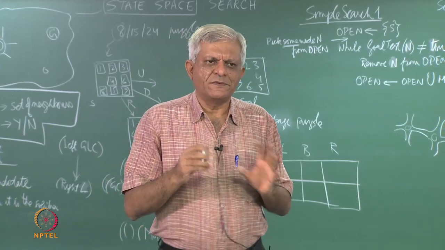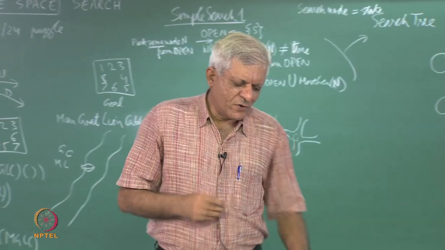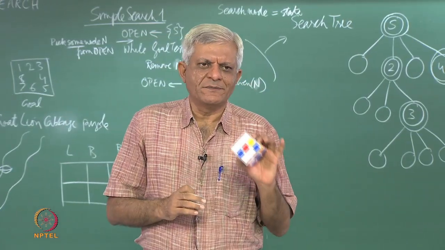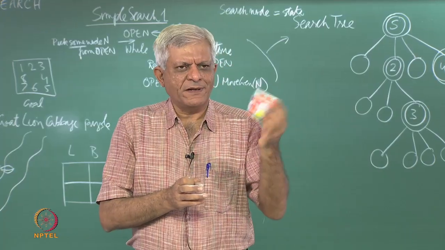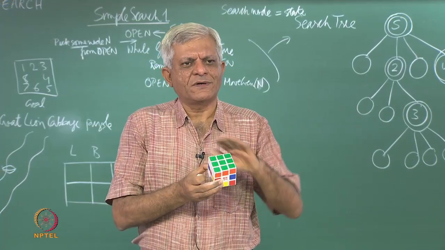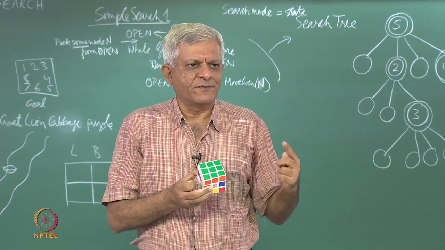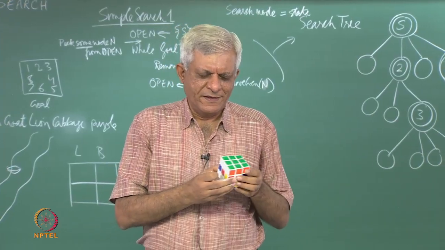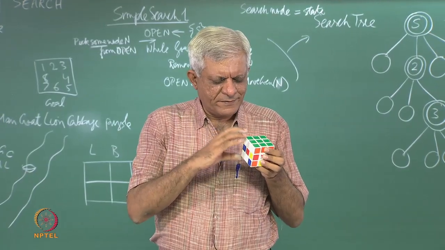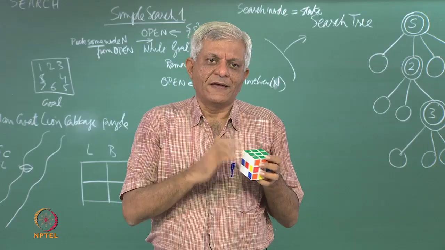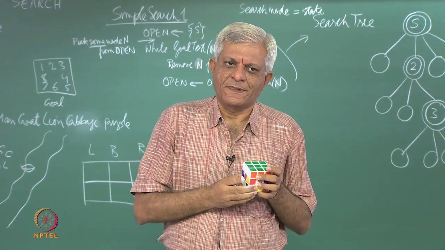So, in terms of looping, what do we want from our search algorithm? If I am going to start with this particular state, I do not want to come back to this state by going through a sequence of moves. I have to somehow prevent that, which means once I have made this move from here, I should never visit this state again. How do I do that?